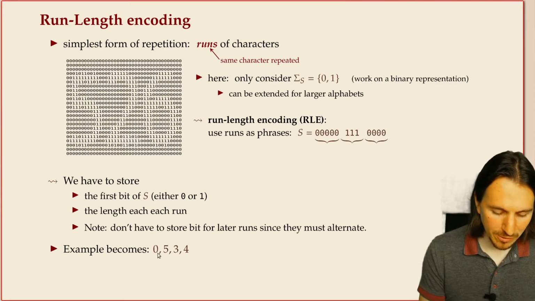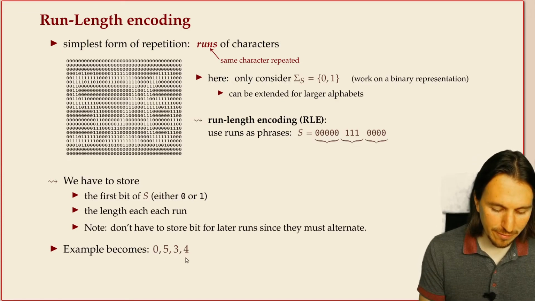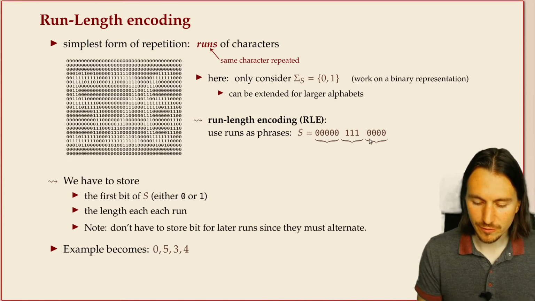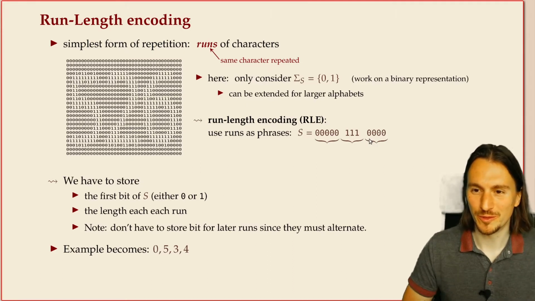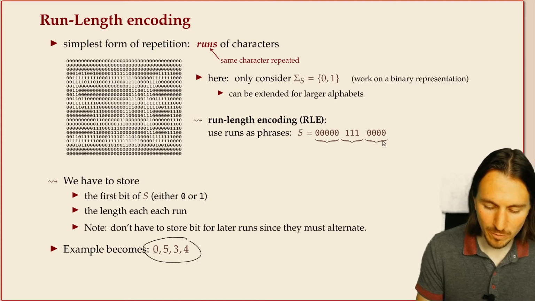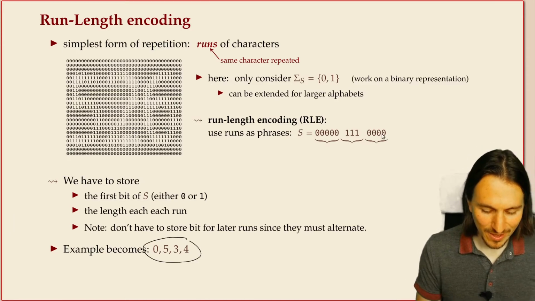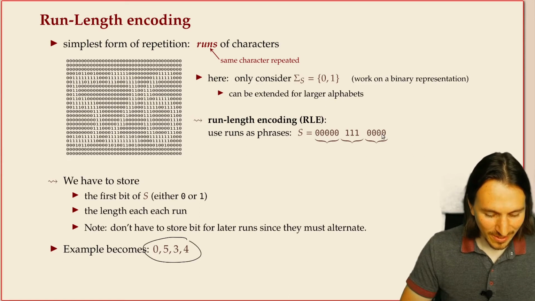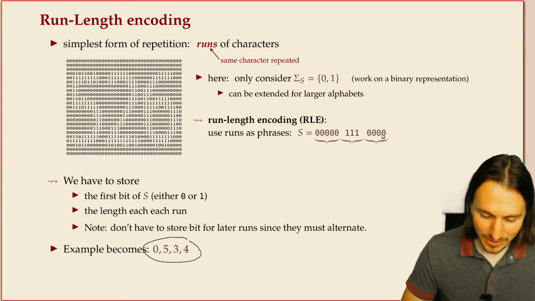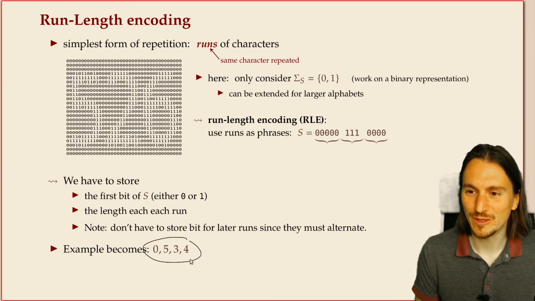So in our example, we would write a 0 because we start with 0, and then 5, 3, 4 as the lengths of these runs. There's 5 zeros, 3 ones, and 4 zeros again. These 4 numbers completely specify this source text, which has 12 bits, and this might hopefully be represented in fewer bits.